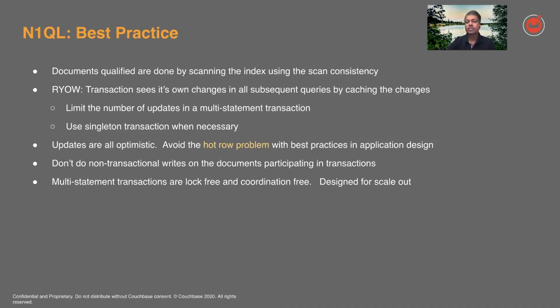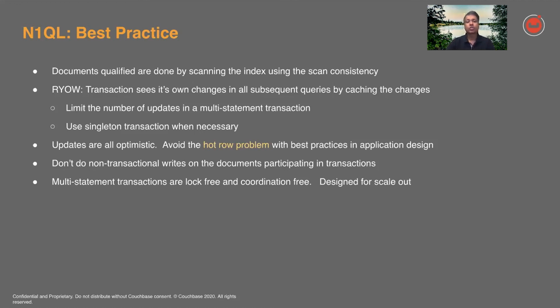Read your own writes: a transaction sees its own changes in all the subsequent queries within the transaction, because we cache the changes within the query service. This is one of the reasons why all the statements for a single transaction should go to a particular query node.